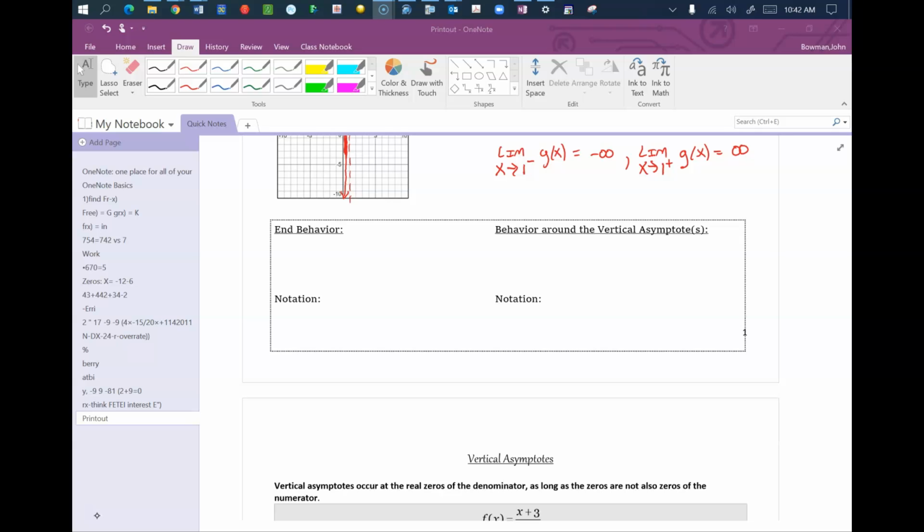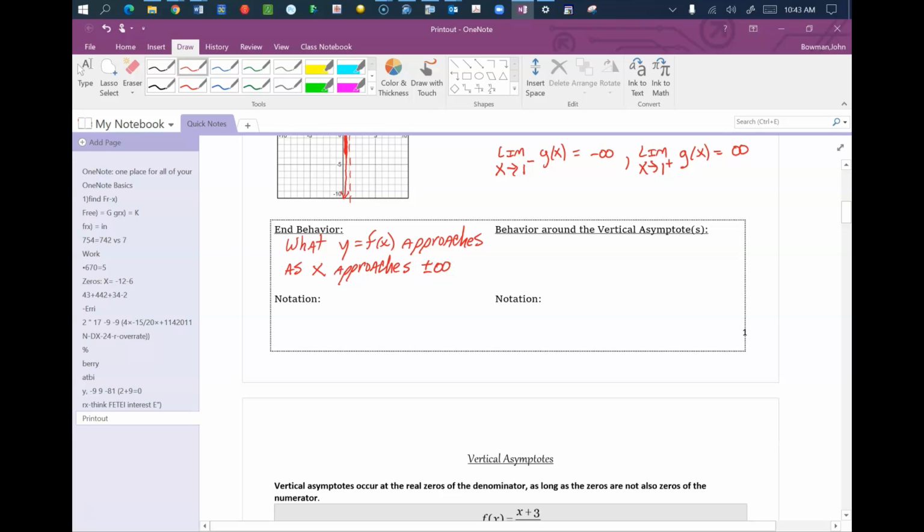So end behavior basically means what y or f of x approaches as x approaches plus or minus infinity.